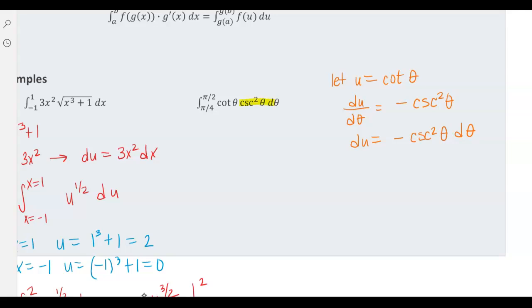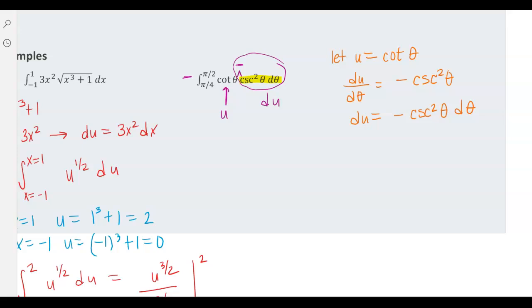Looking at the original integral, I almost have that. I'm just off by a negative sign. So if I add a negative sign in here and then balance it out with another negative sign on the outside, then this whole part I can say is du, and then this part here is equal to u.